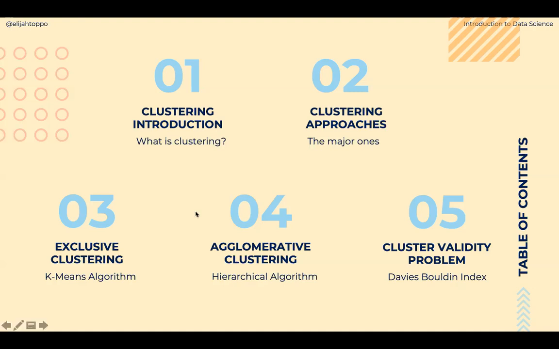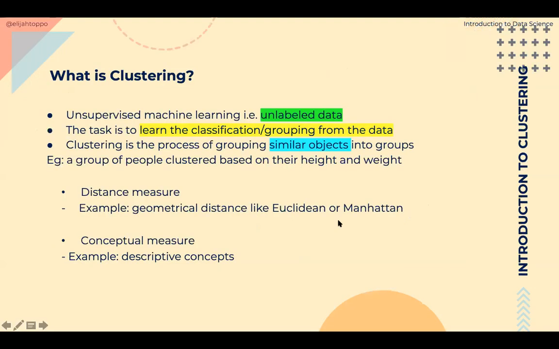Let me go ahead. So clustering is basically a part of unsupervised learning where we are trying to group similar objects together. This grouping can be based on different features like height, weight, and so on. We also saw that this grouping can be done in two kinds.